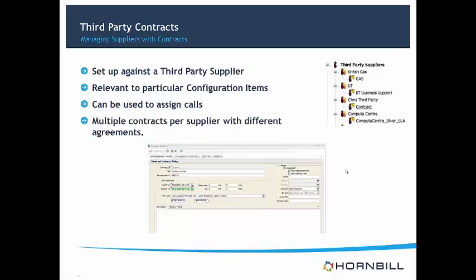So you can have multiple contracts per supplier based on those agreements. So depending on when you purchase pieces of kit or whether you added certain things to an existing contract, you can do those.